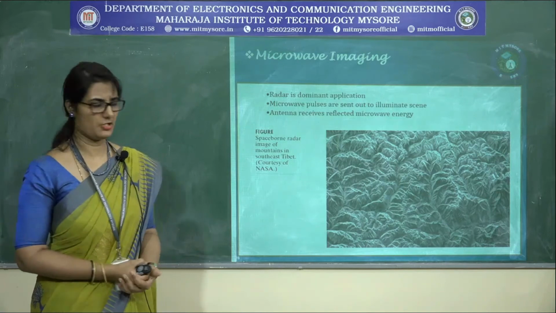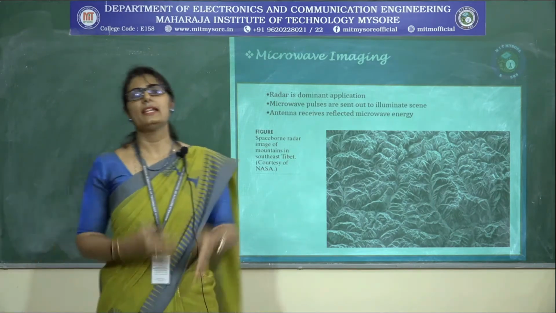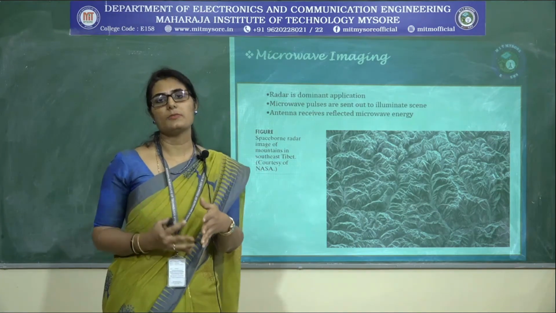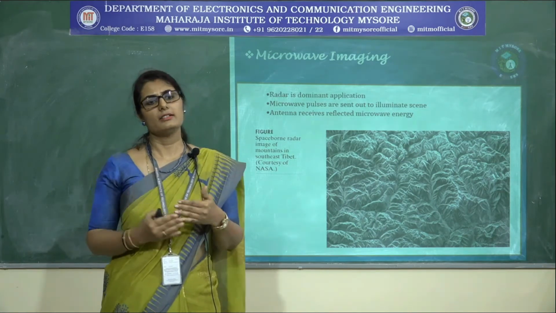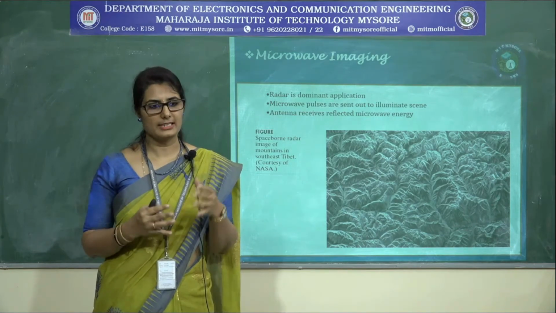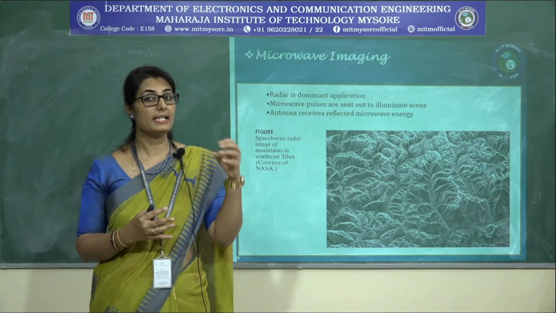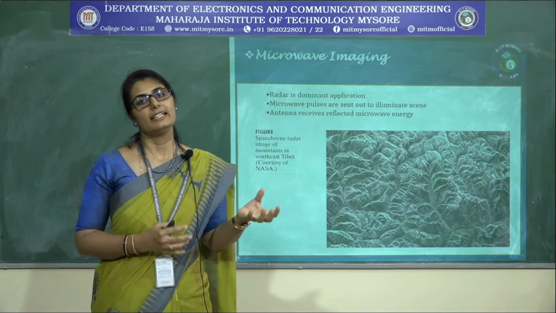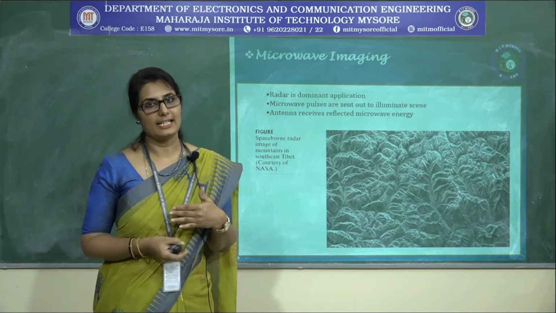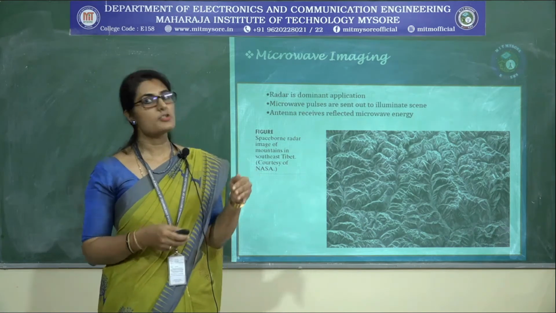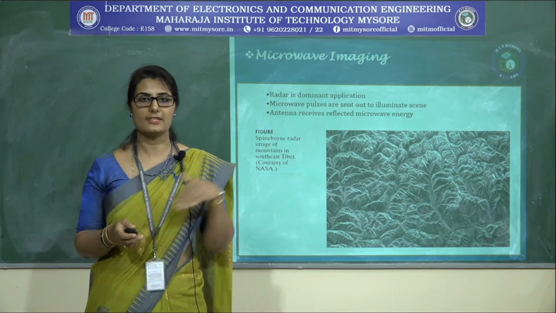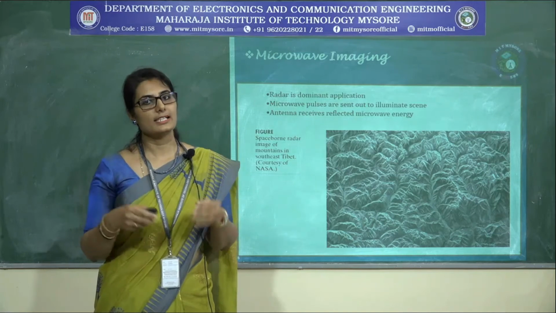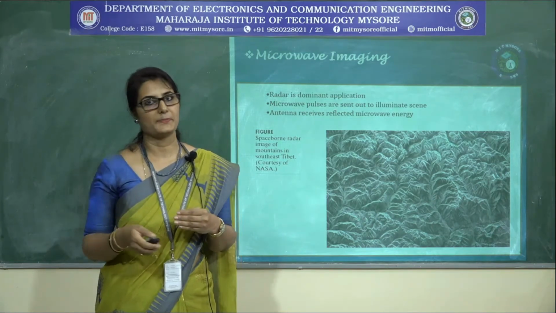Next is microwave imaging. The dominant application of microwave imaging is in radar. Radar has a unique feature, its ability to collect data irrespective of weather and ambient light conditions. Radars can penetrate through clouds, through ice, through vegetation, as well as through dry sand.